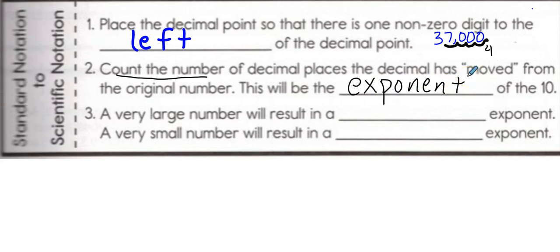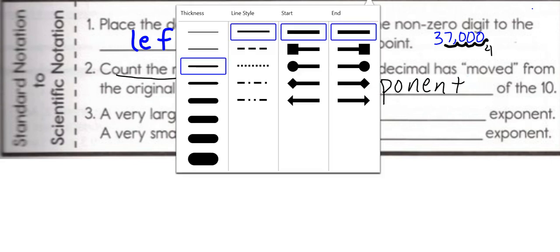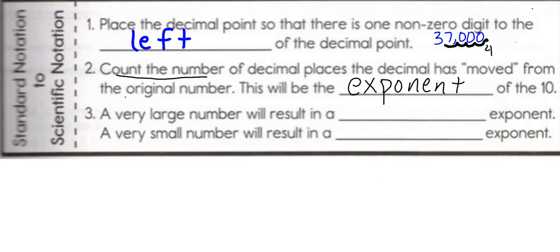And so I'm going to write that. So that means that we have 3.7 times 10, always 10 for our base, and then it's 10 to the 4th power because I moved it 4 places.